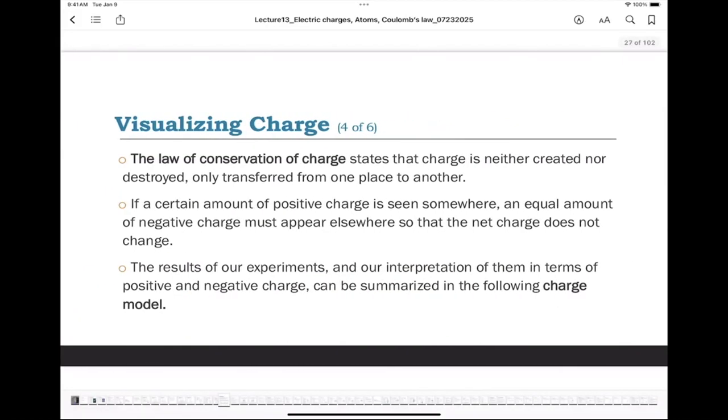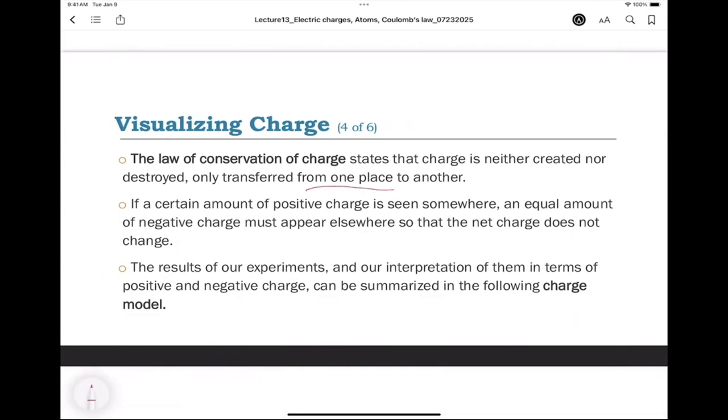The law of conservation of charge states that charge is neither created nor destroyed, only transferred from one place to another. Just pay attention.